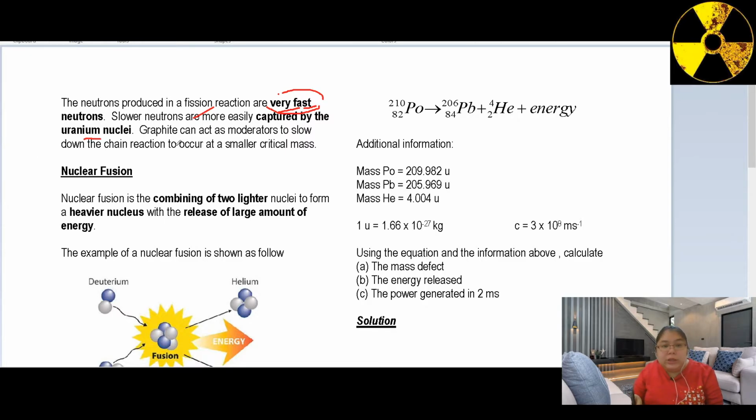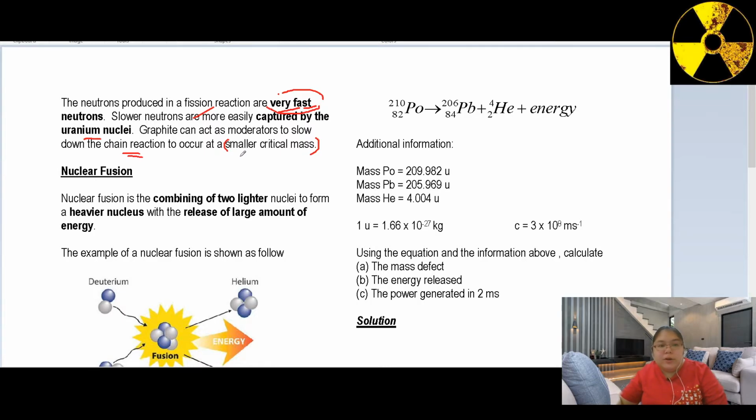So you need to slow down the neutrons. If you slow down the neutrons, the chain reaction can be reduced. Graphite can be the moderator to slow down the chain reaction. So the chain reaction can occur at a smaller critical mass. It is important that graphite slows down the whole process of chain reaction.